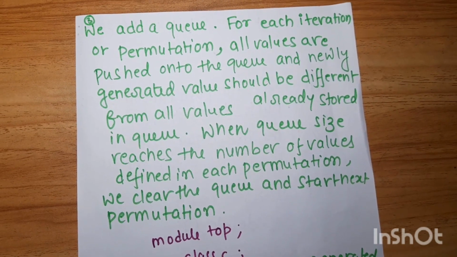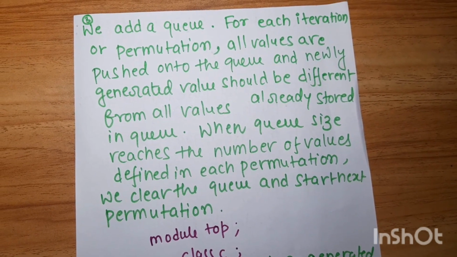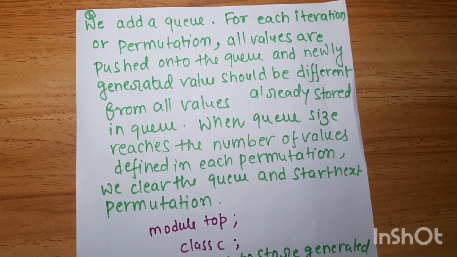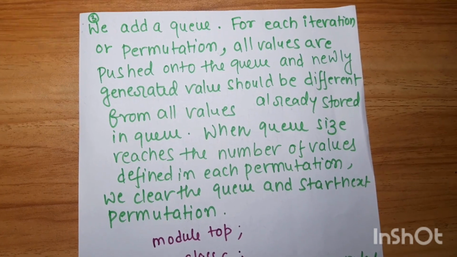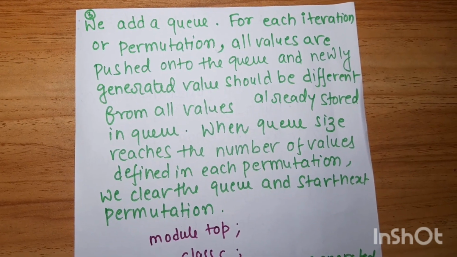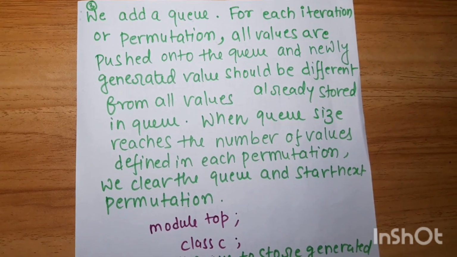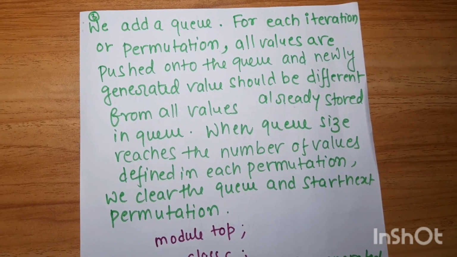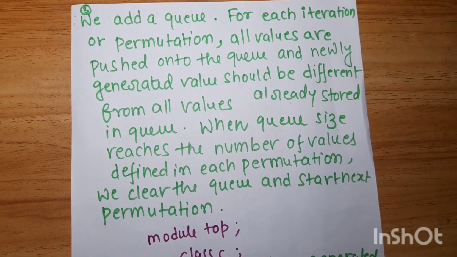So all the values will be pushed into the queue, and a newly generated value should be different from all the values already stored in the queue. Every time I generate a value of data, I make sure before putting it into the queue that it does not match the existing values in the queue.